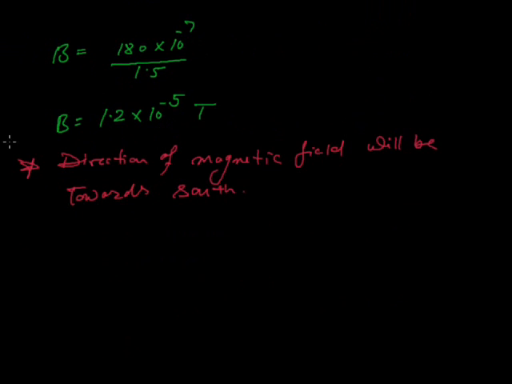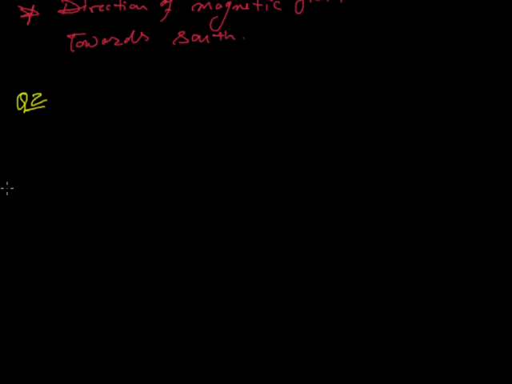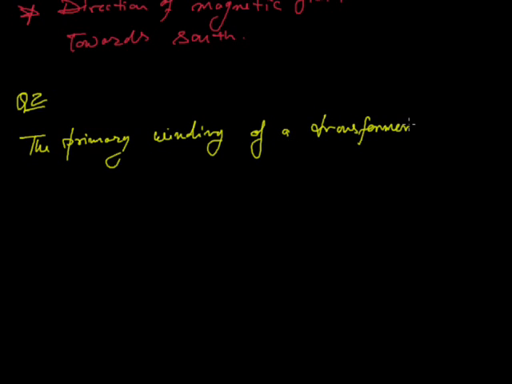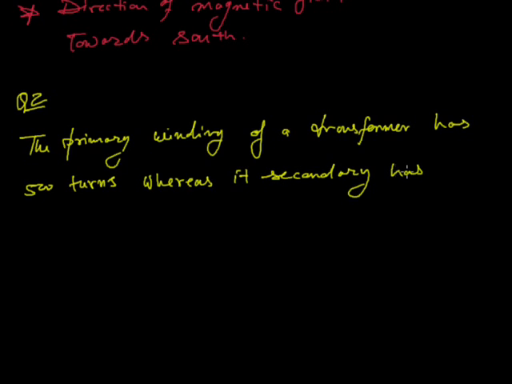Numerical number two. The primary winding of a transformer has 500 turns, where its secondary has 5000 turns.